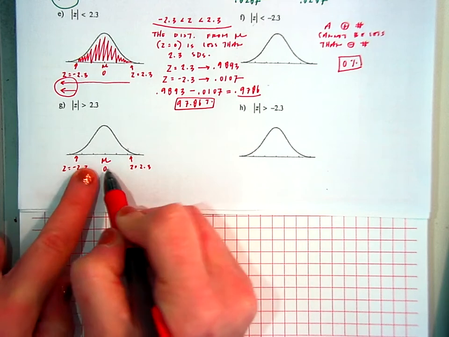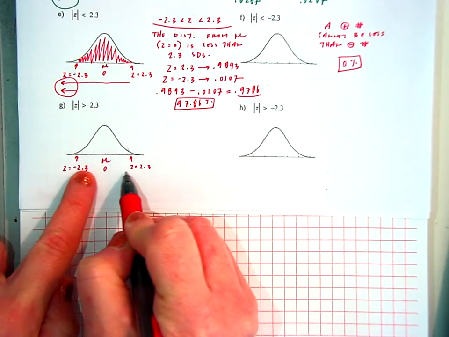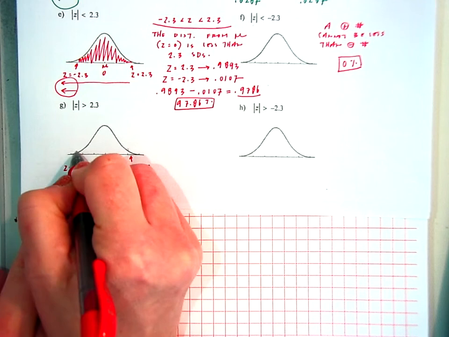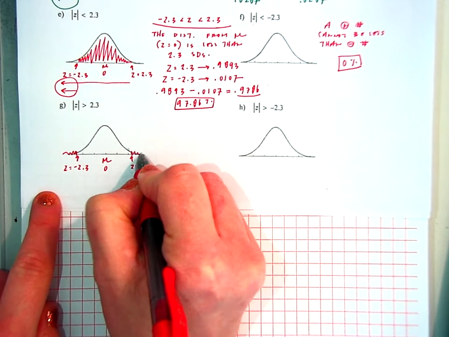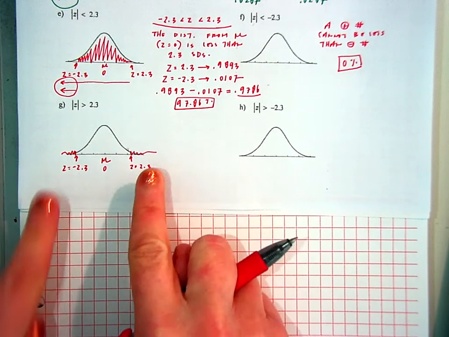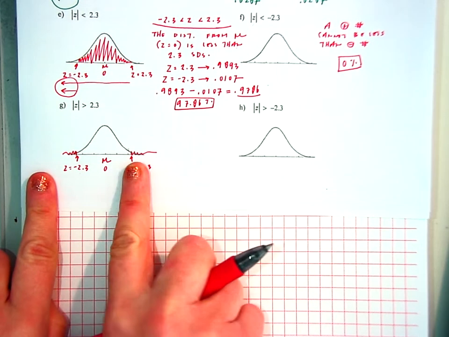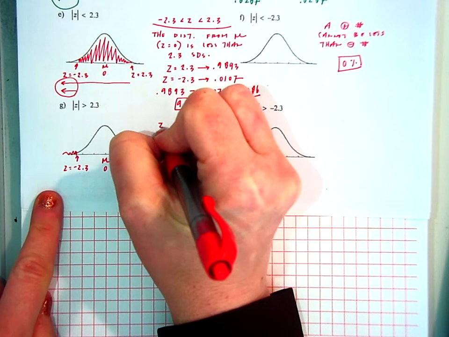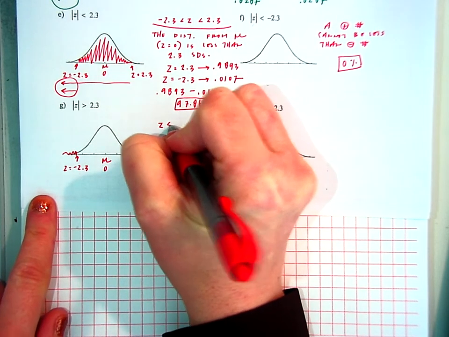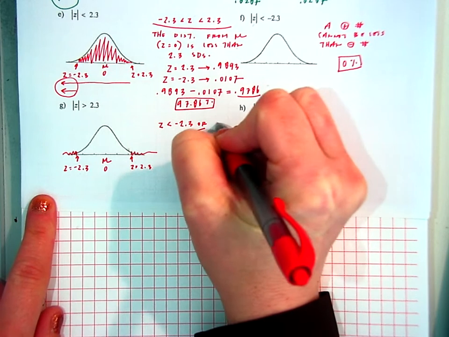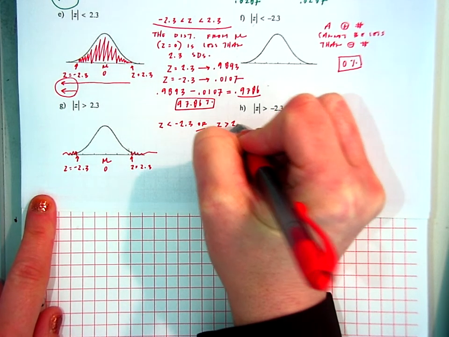So as I move out from my mean, away from my mean, here I'm at 2.3, and here is the more. So I'm looking at the two tails again. And again, since they have the same magnitude, I know that their areas to the left here and to the right here, they're going to match. So if I wrote this in simple inequality notation, this is like saying z is less than negative 2.3 or z is greater than positive 2.3.